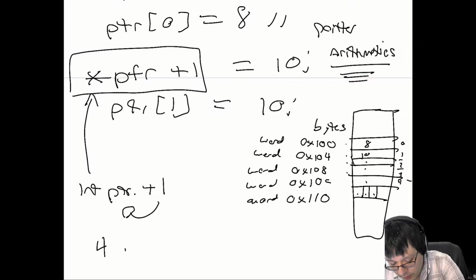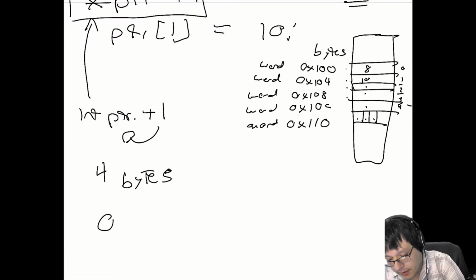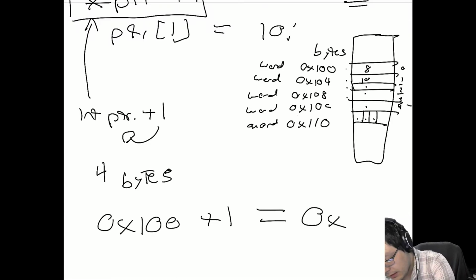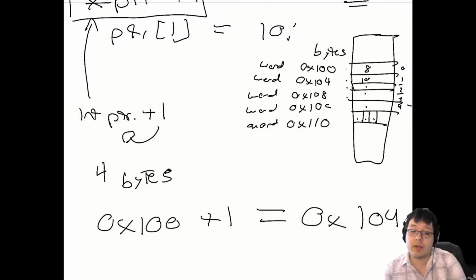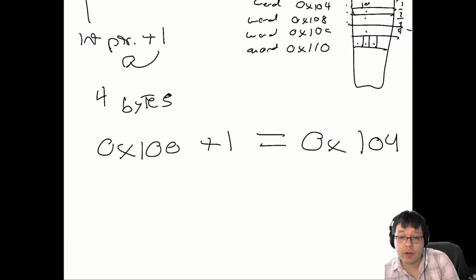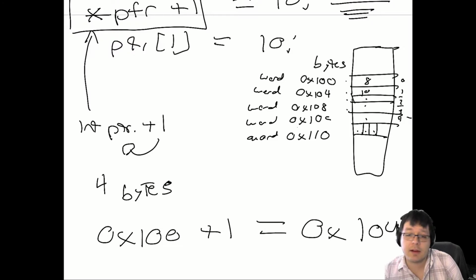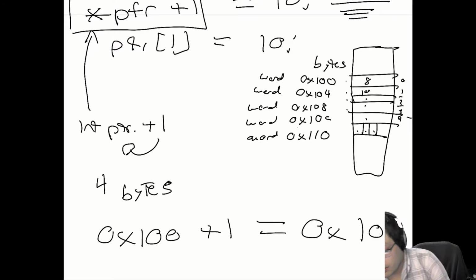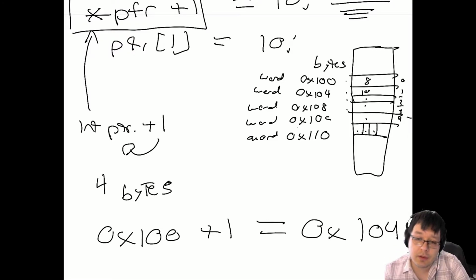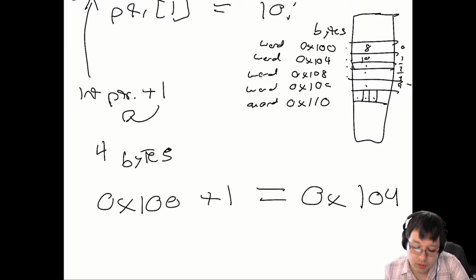So because this is 4 bytes, when you say +1, we're taking the current address, so maybe this one, +1, that's actually going to be +4 bytes. So that's why you get 104. And the reason that you want to do this is because it makes the math a lot easier, actually. Because then you can quickly go down between indices of the array by just saying +1, +2, +3, and +4.